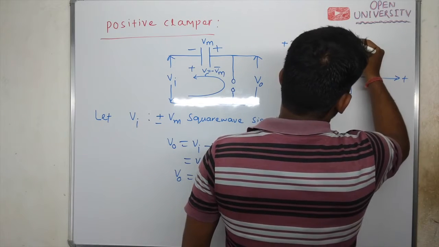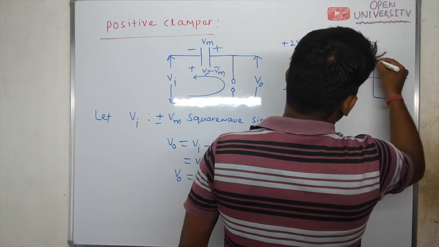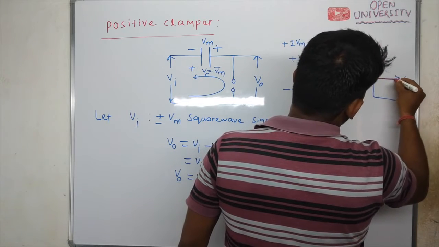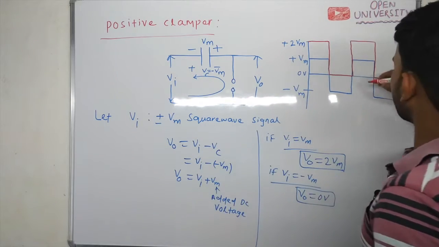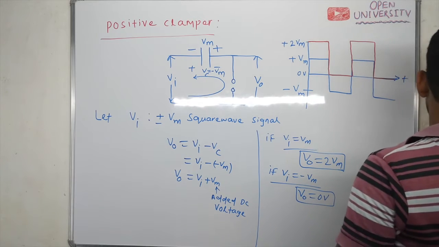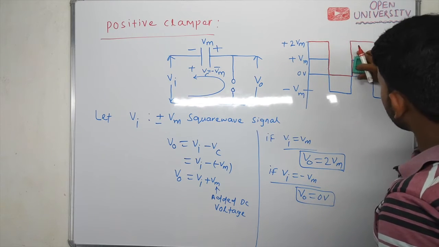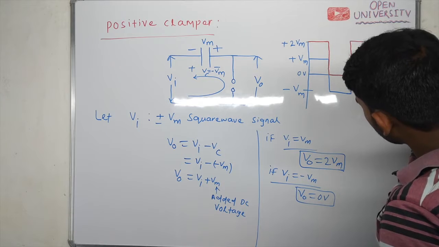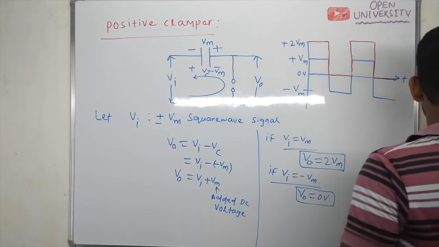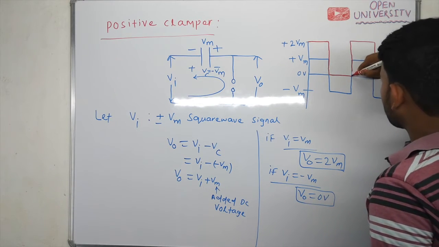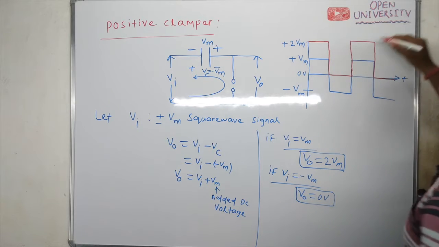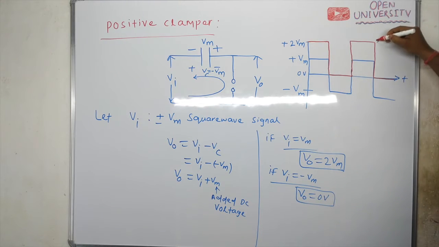This will be your output waveform. This is the V naught waveform. The red color is the V naught waveform.